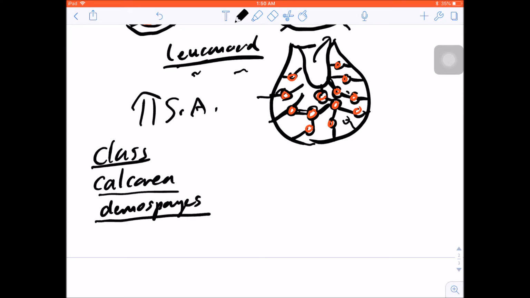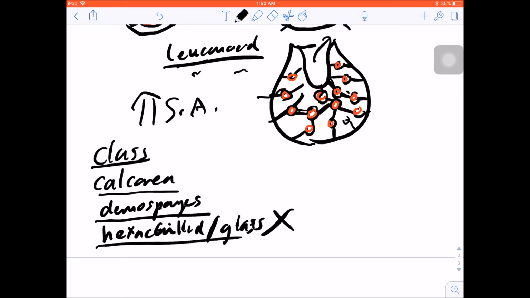I don't think they actually make you know the scientific classes, but it might be good to know. Maybe to look out on your own. So the final ones are the hexactinellid sponges or the glass sponges. Remember, in lab, there were no glass sponges, so you're not responsible for knowing them necessarily, except a couple of general facts about their biology.